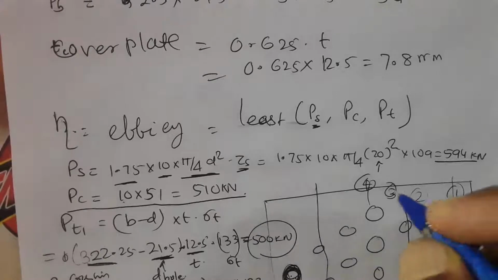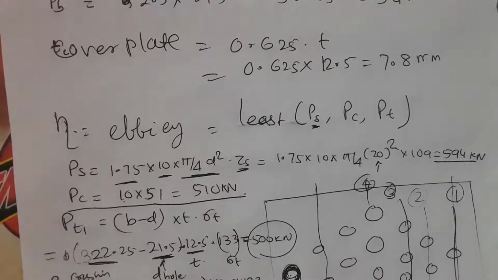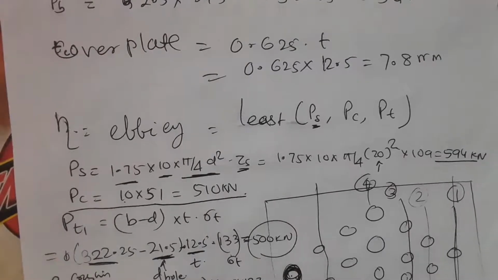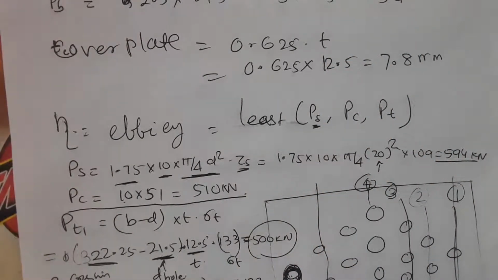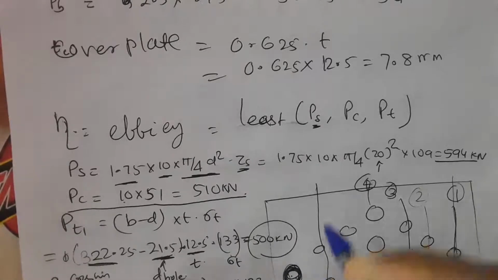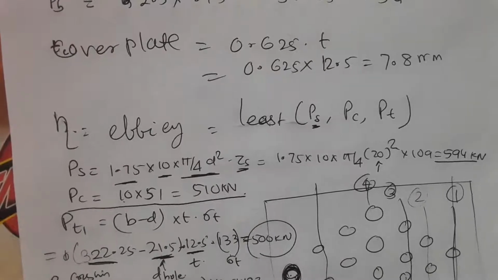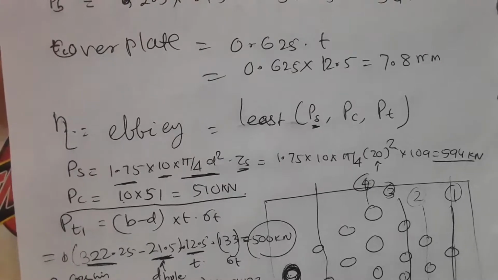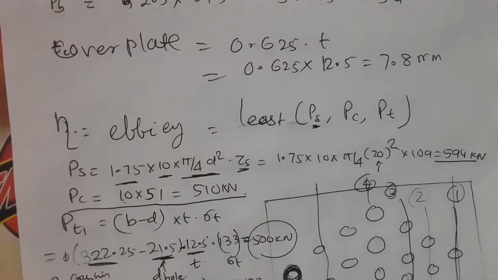The shearing is actually 59.4, crushing is 51, so we will consider, out of the shearing and crushing, the crushing is weaker, so we will consider the tearing strength plus this one. So this is shearing, double shear. So in this case it is coming out to be this much, 51 point.